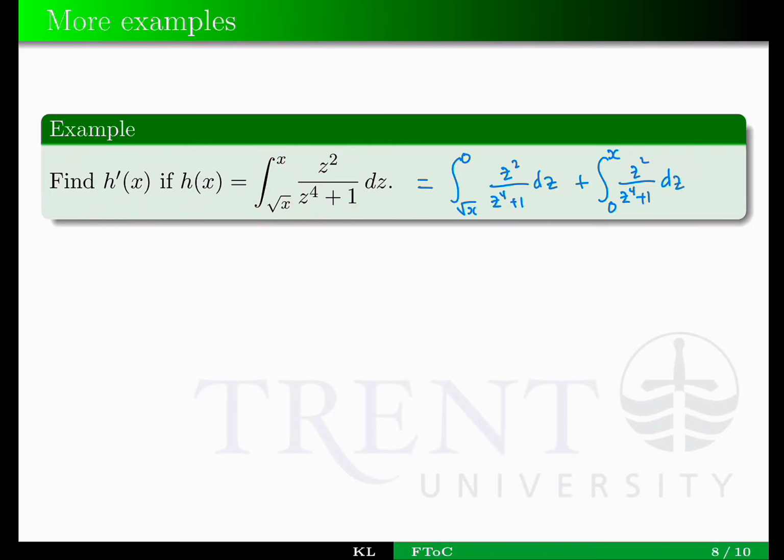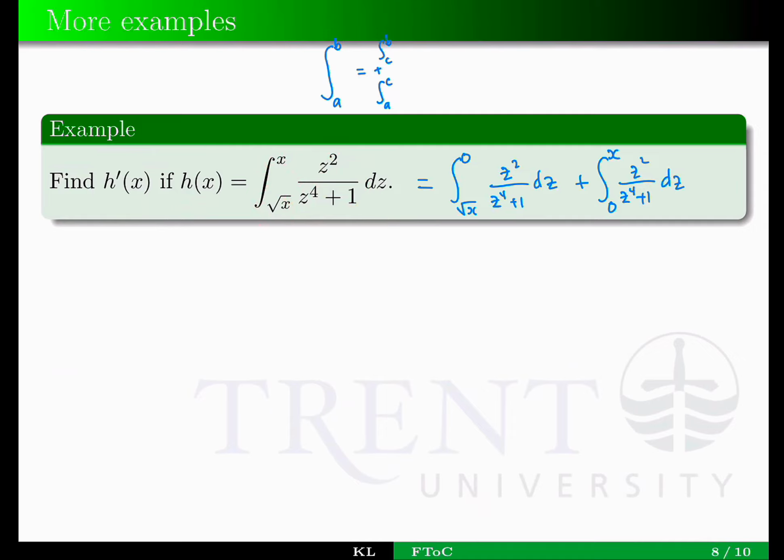Remember this one? If you got the integral from a to b, this is the integral from a to c plus the integral from c to b. So that's what we did in here.